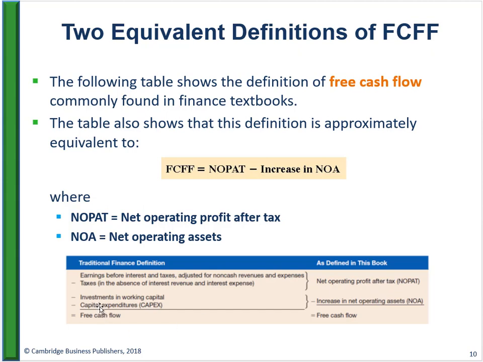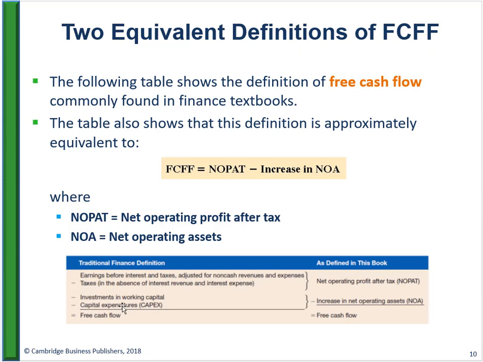From net operating profit after tax, we're going to subtract investments in working capital. So as our firm grows, it requires more capital to be invested in inventories and accounts receivable and so forth. So we need to account for that investment. And then lastly, we need to subtract any additional investments in capital expenditures.